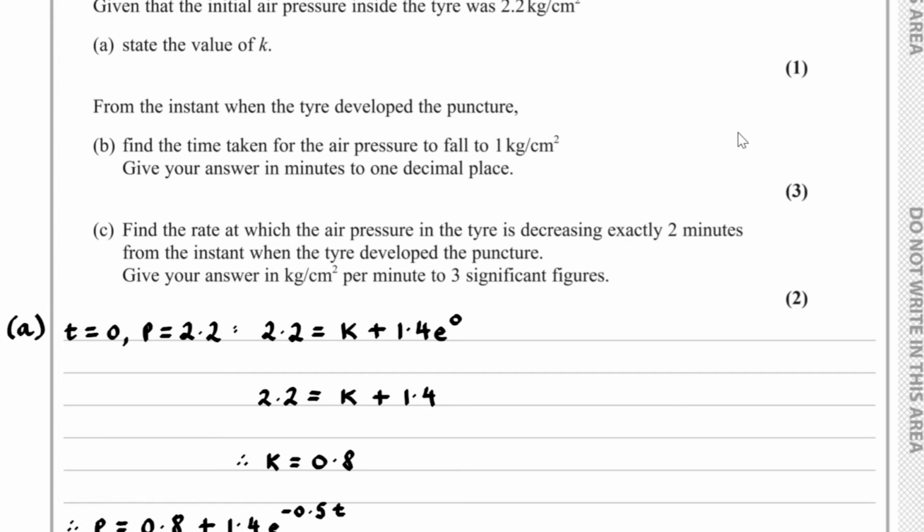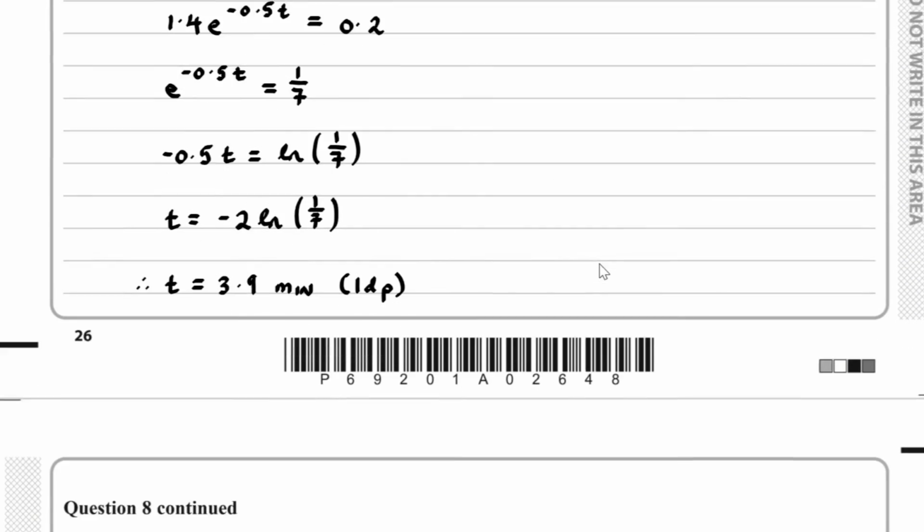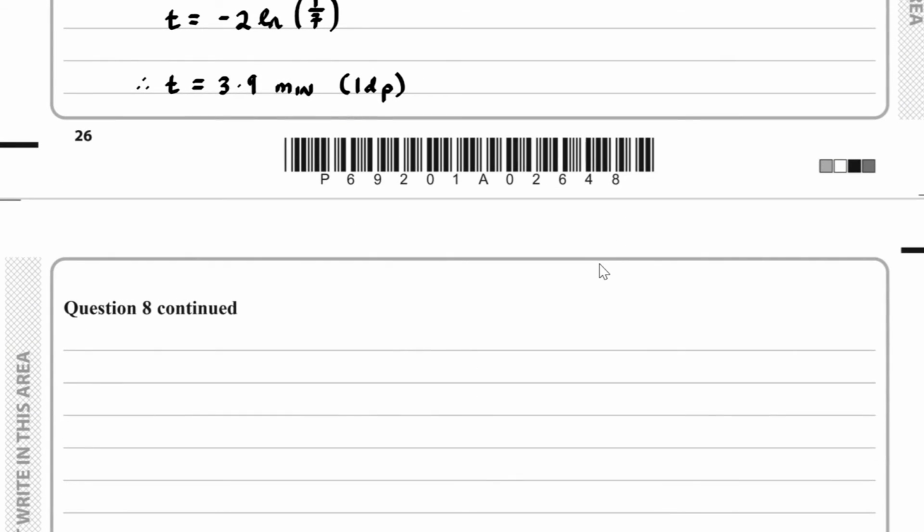And now for part C of the question, we have to find the rate at which the air pressure in the tyre is decreasing exactly 2 minutes from the instant when the tyre developed the puncture. Give your answer in kilograms per centimetre squared per minute to 3 significant figures. Well, because we are considering the rate of decrease, that suggests to us we first of all need to work out dp over dt.